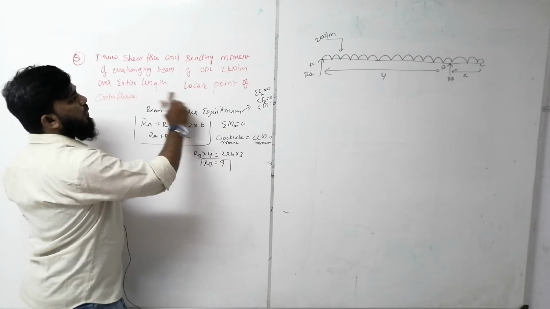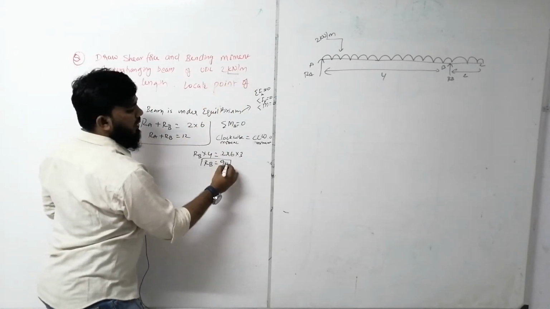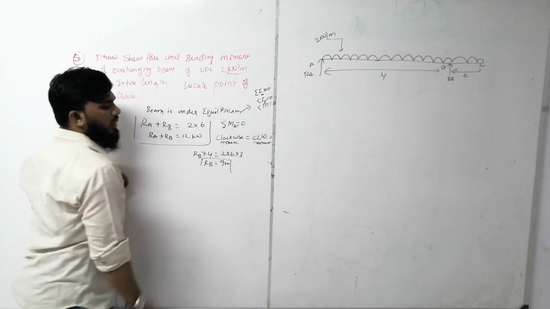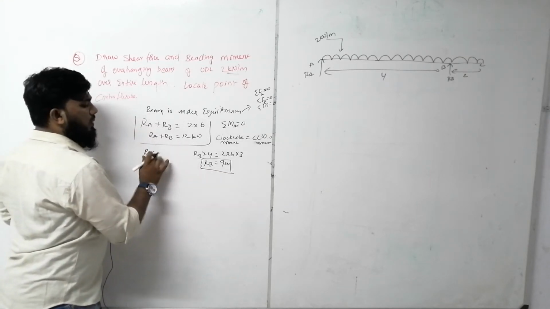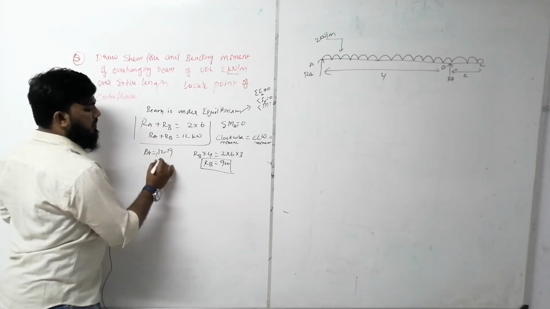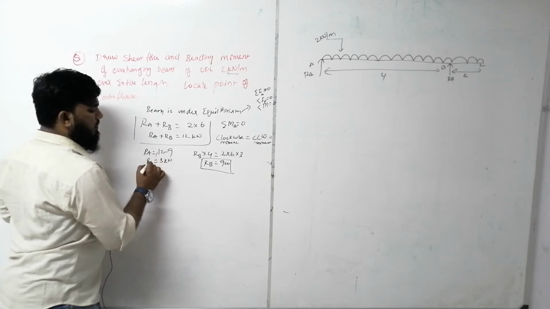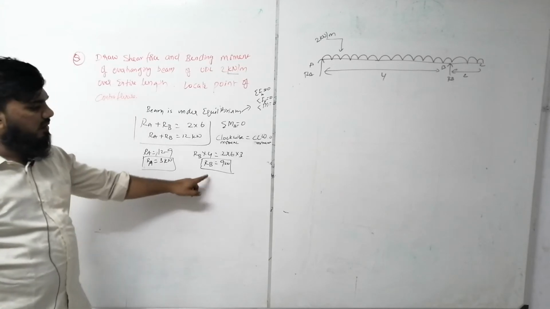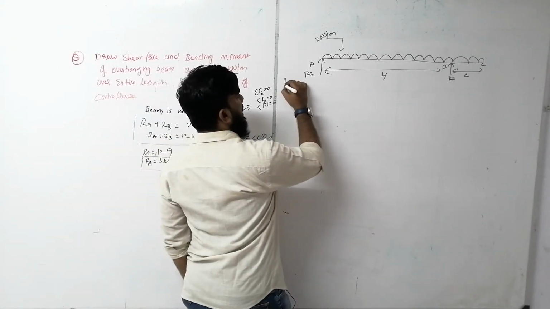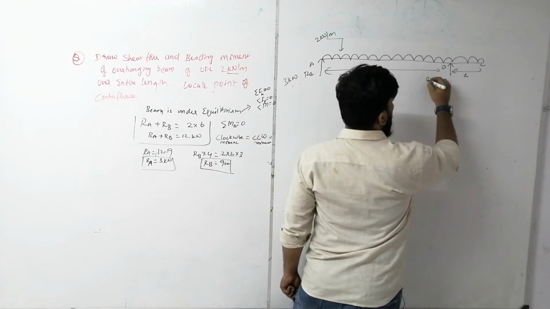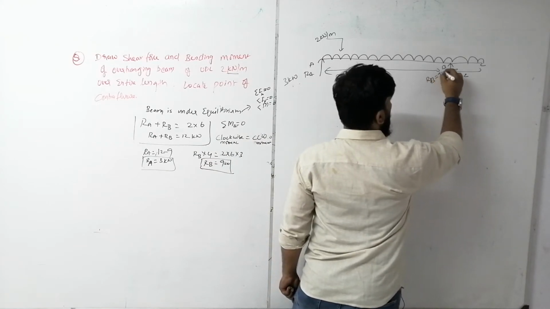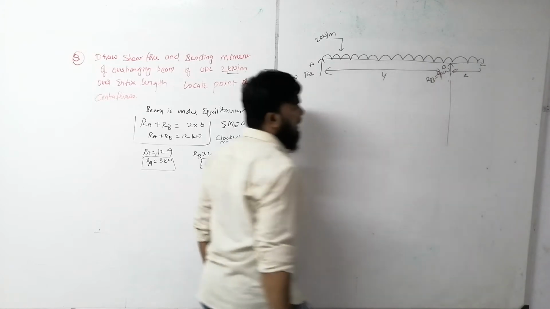Since this is in kilonewton, you have to write kilonewton here. So RB value got, RA is equal to 12 minus 9, that is 3 kilonewton. RA value got, RB value got. As soon as I get these values, I will write them down here. RB is equal to 9 kilonewton.